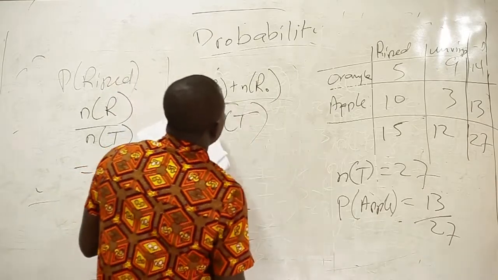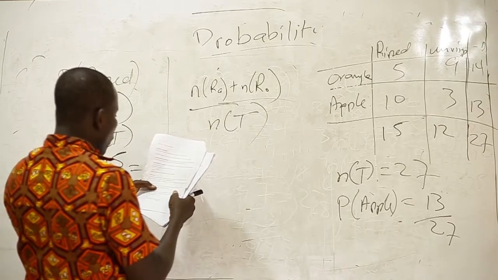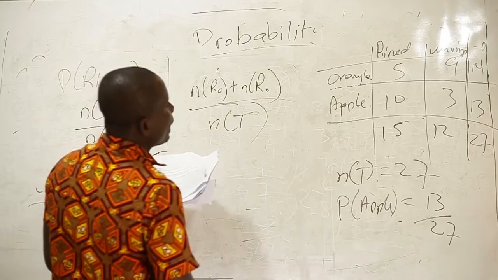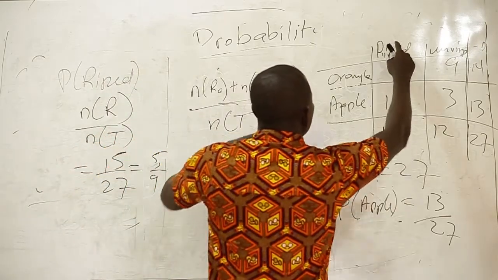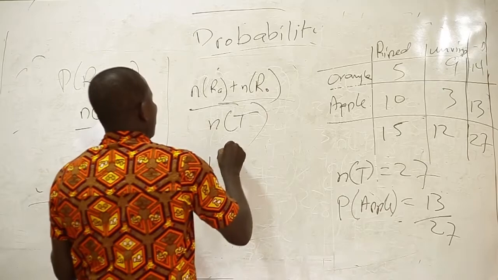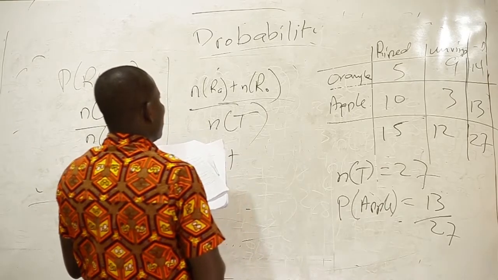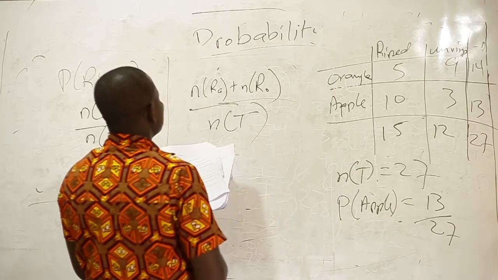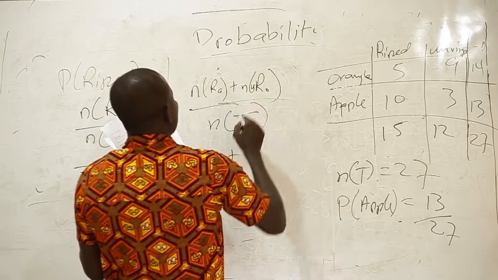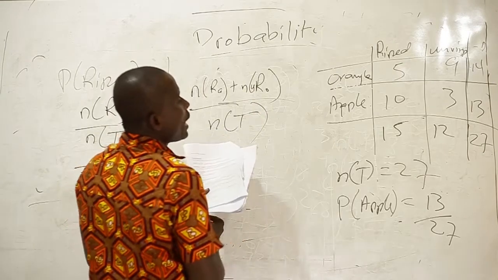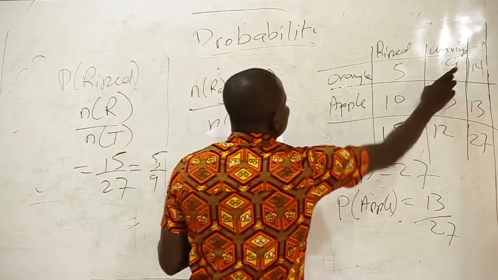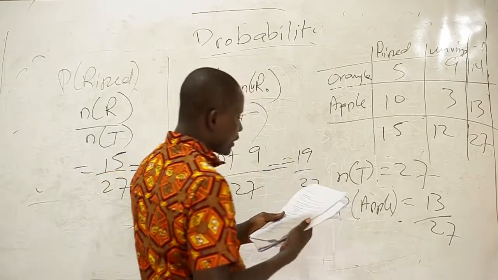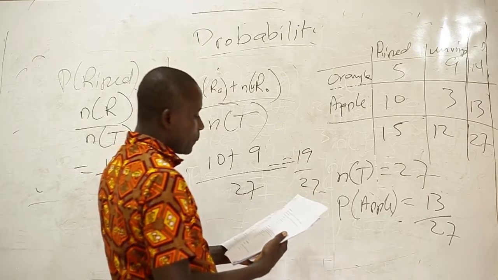That's what I can say. It says P(ripe apple or unripe orange). So here, what is ripe apple? Ripe apple is 10, plus unripe orange. What is unripe orange? Unripe orange is 9, so plus 9. 19 over 27, is that okay? So basically that is what happens over there.